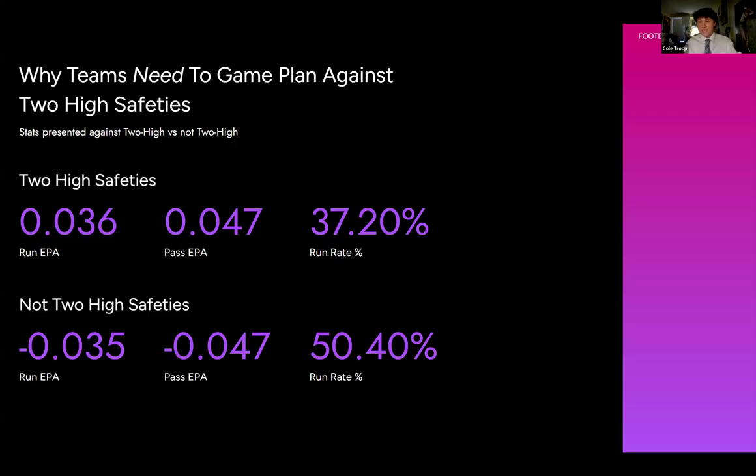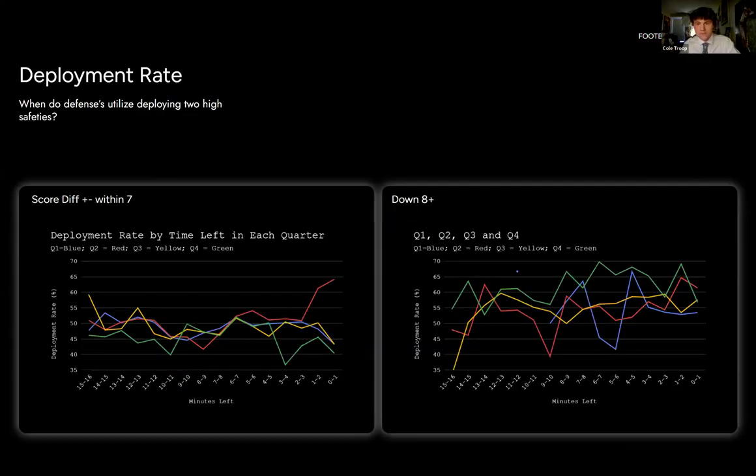So that's why the EPA can look a little bit higher, because they're going to target less downfield. They're going to target what's available.